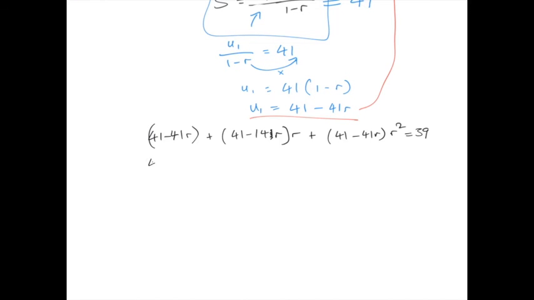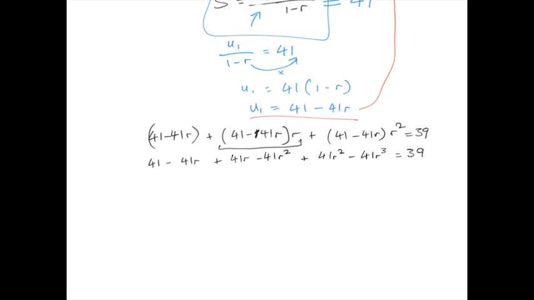This becomes 41 minus 41r plus, what happens when you expand that bracket there? Oh, this actually might work out. 41r minus 41r squared. And then what over here? Yep. Beautiful. Equals 39.